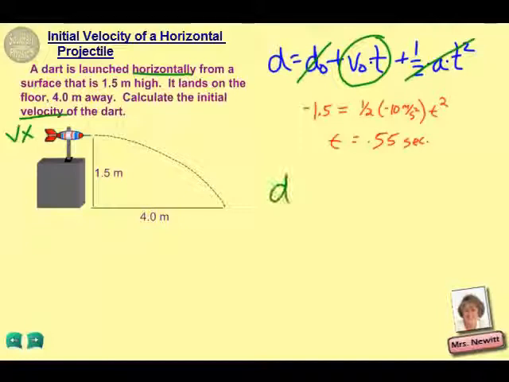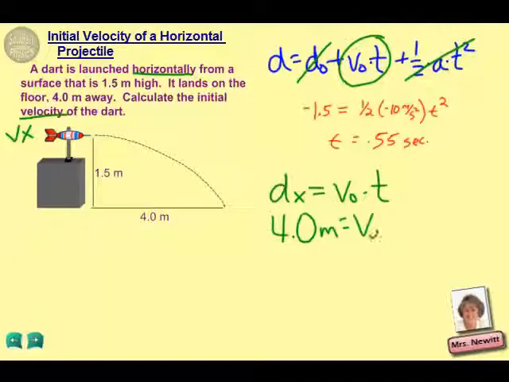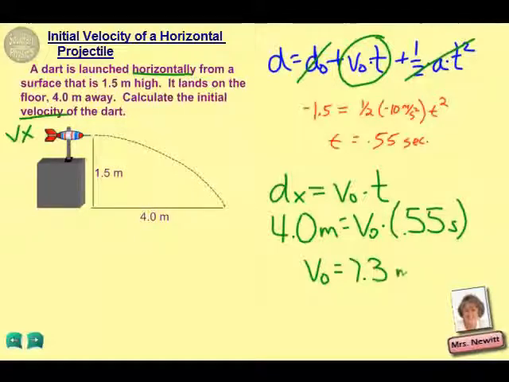So our equation in the x direction can be written like this. We are given the horizontal distance as 4 meters. Our velocity is unknown, and we now have that time of 0.55 seconds. If we plug that in and solve for our unknown, we end up with a total of 7.3 meters per second.